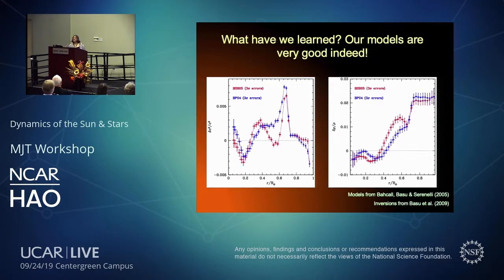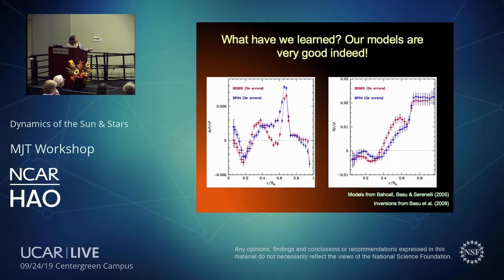We'd say we know the structure, let's forget it. But we are solar physicists, we believe in getting everything we know out of the data. And yes, our models are very good. There are differences. This is sound speed, this is density. These are just two different models with slightly different physics, the red and the blue.